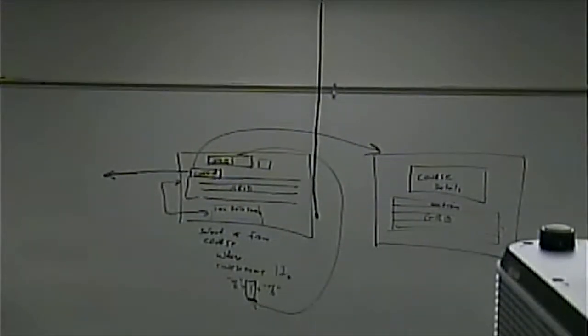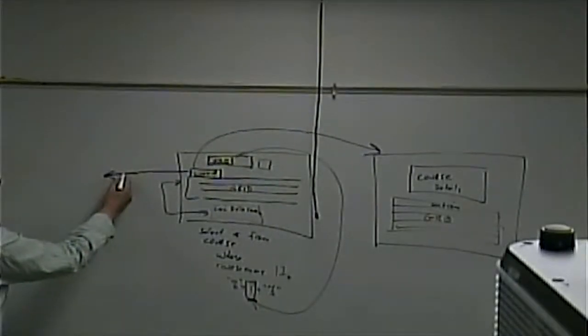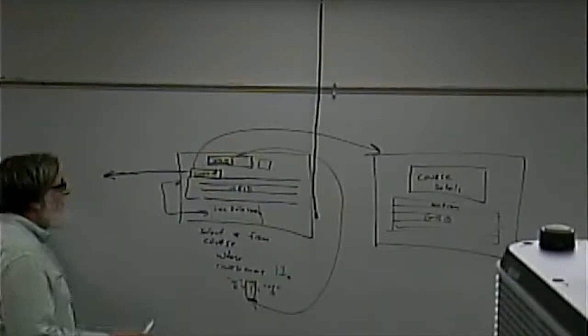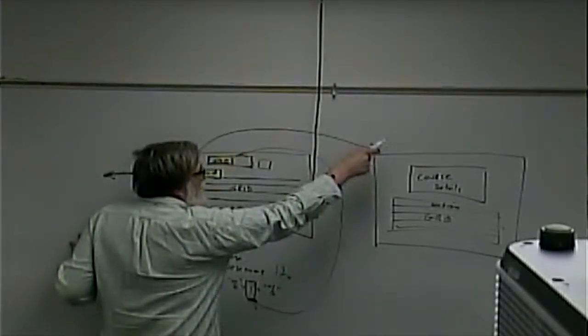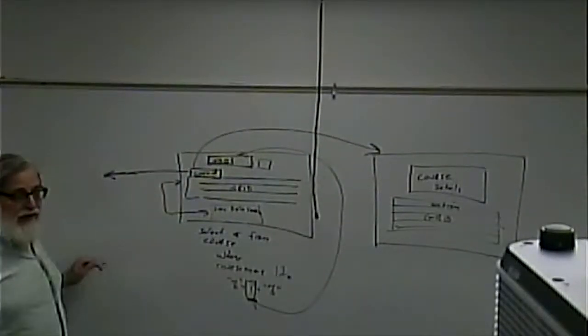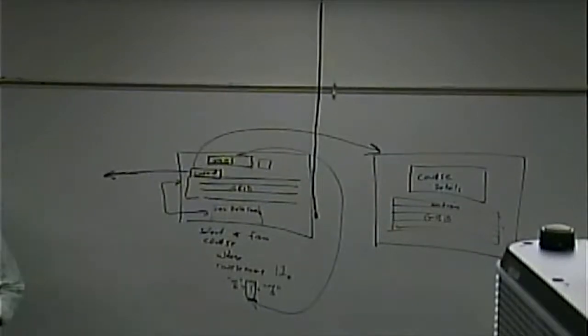All right? And we're going to pass the ID from this page to this page using the query string. Remember, the query string is one way that you can pass data between web pages. All right?